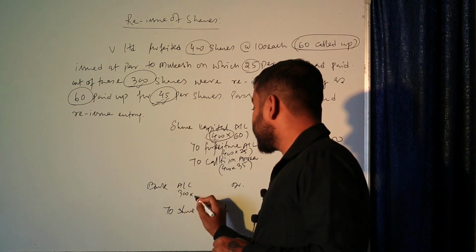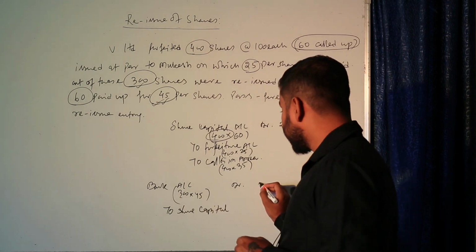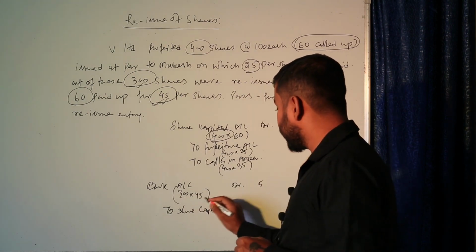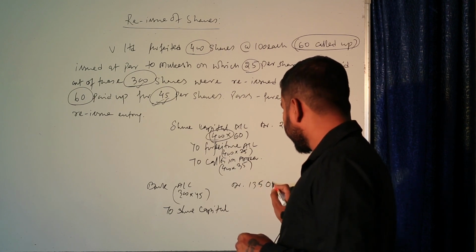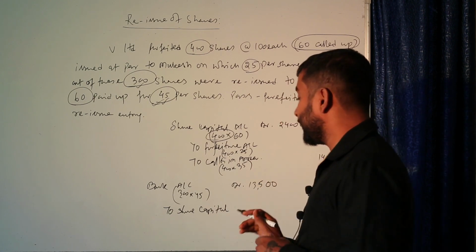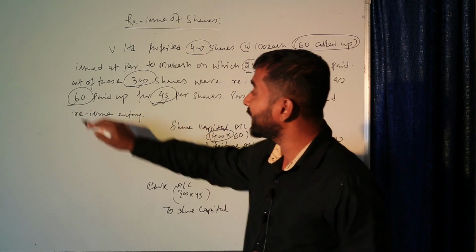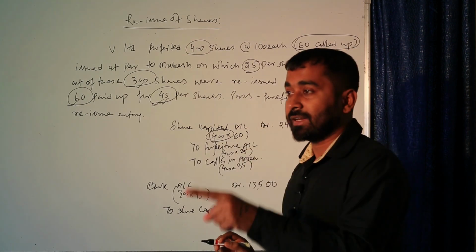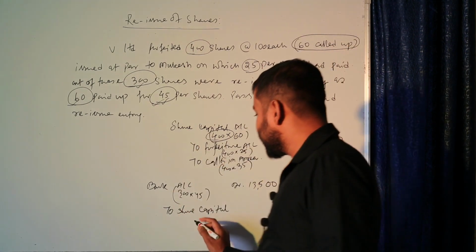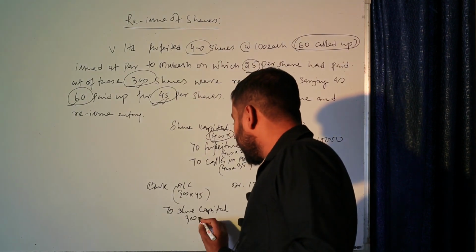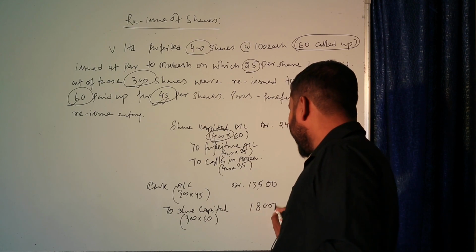So 300 shares issued, 45 rupees received. 3 5s are 15, 3 4s are 12 and 1 is 13, so 13,500. Think about the share capital, how much was told as paid up? 60 rupees. Share capital is the thing where I cannot take more or less. So 300 into 60, that is 18,000.